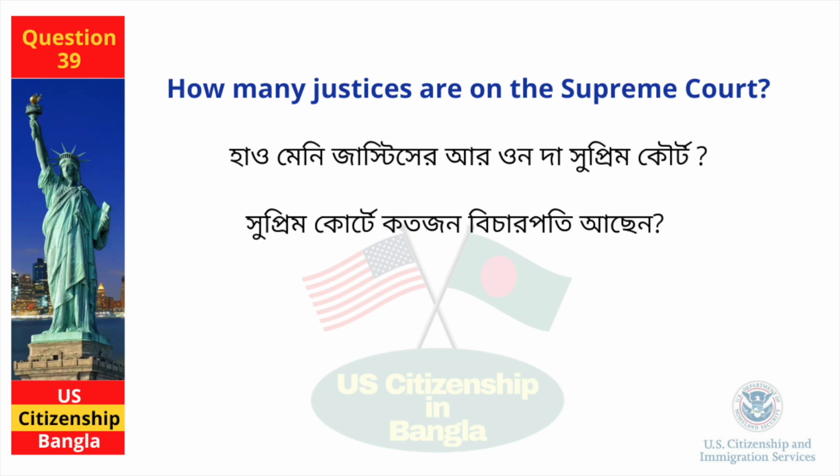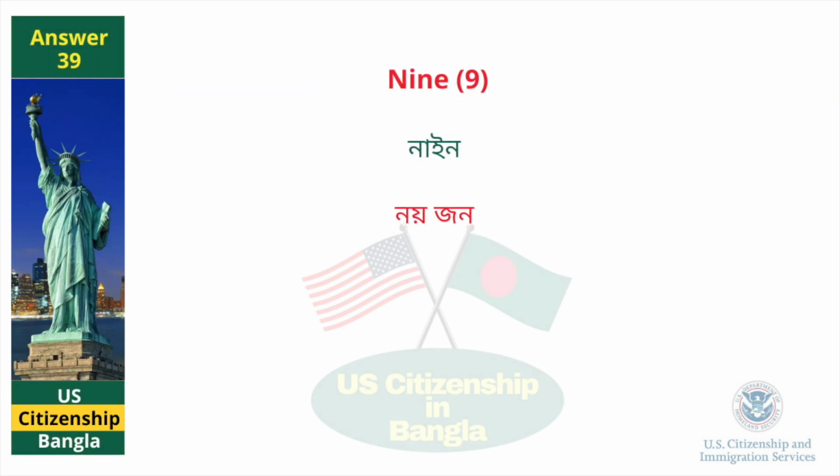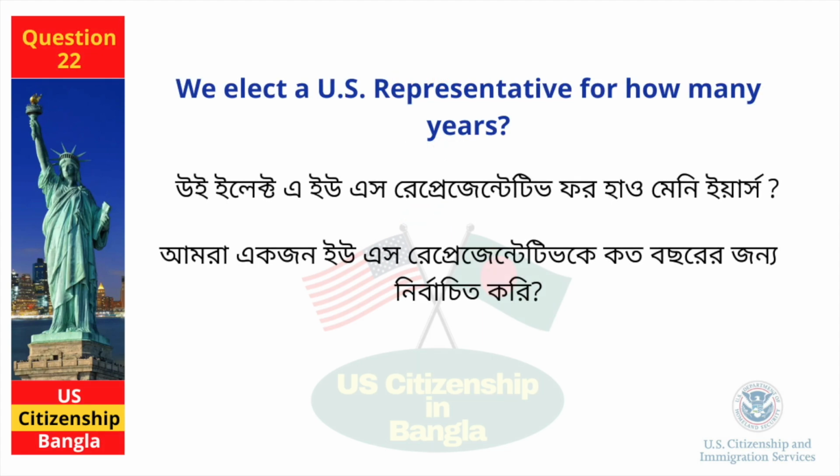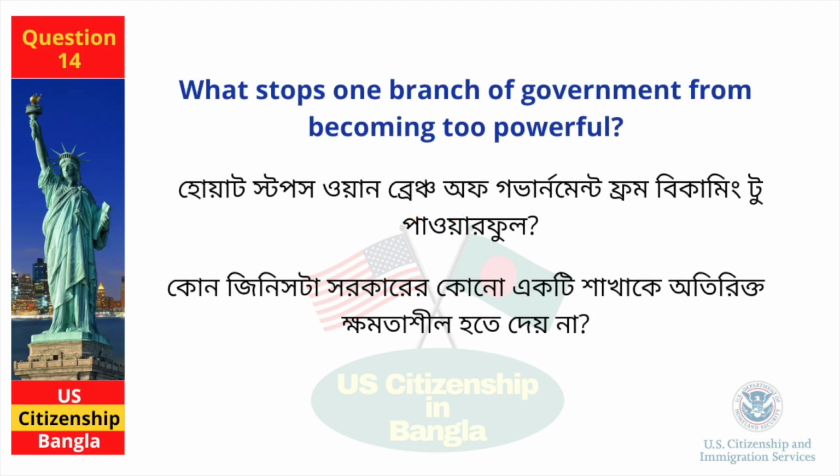How many justices are on the Supreme Court? 9. We elect a US representative for how many years? 2. What stops one branch of government from becoming too powerful?